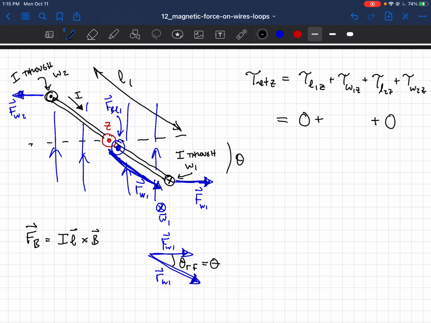So we get a torque, which is going to be RW1. So we have 0 for the third one, and then we'll get something for the fourth one. So it's going to be RW1 times the force, which is FW1, times sine of the angle, theta RF, so that's going to be sine of theta. And then we have to decide whether it's going to be positive or negative along the z-axis.